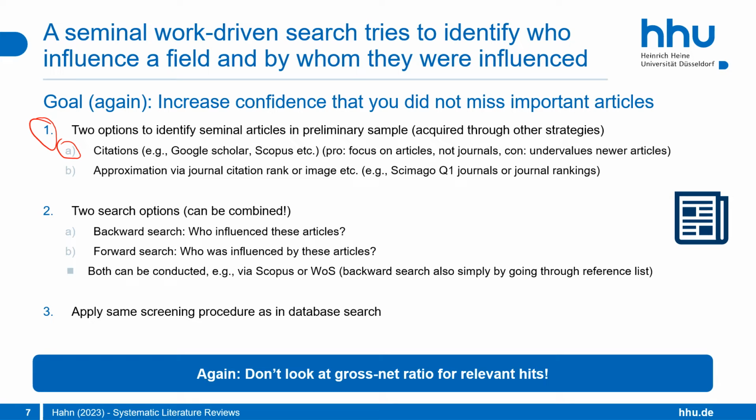The pro side, the advantage of this citation-based search is that you actually focus on the single article and really look at which paper in your preliminary sample is really influential. The negative side, however, is that newer articles that have just recently been published are usually undervalued because they did not have the chance yet to get cited much.